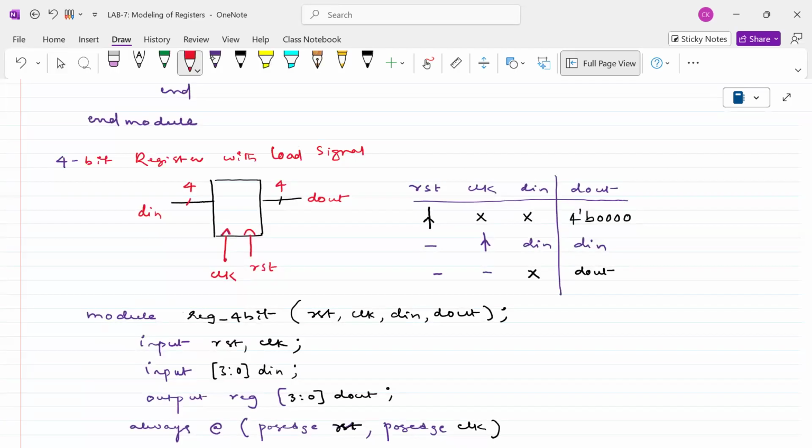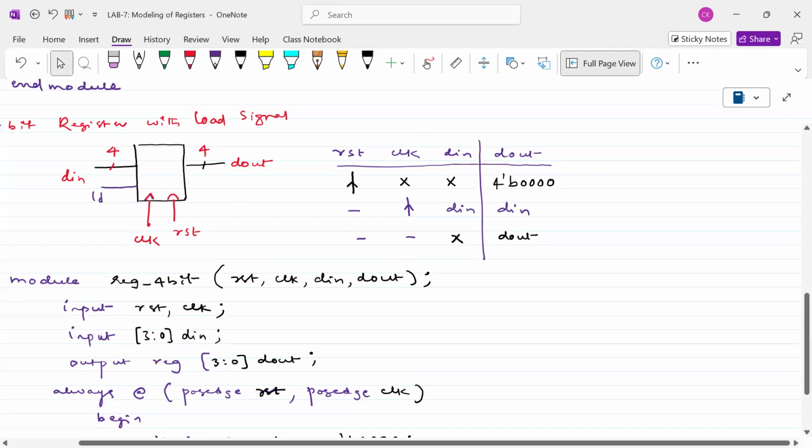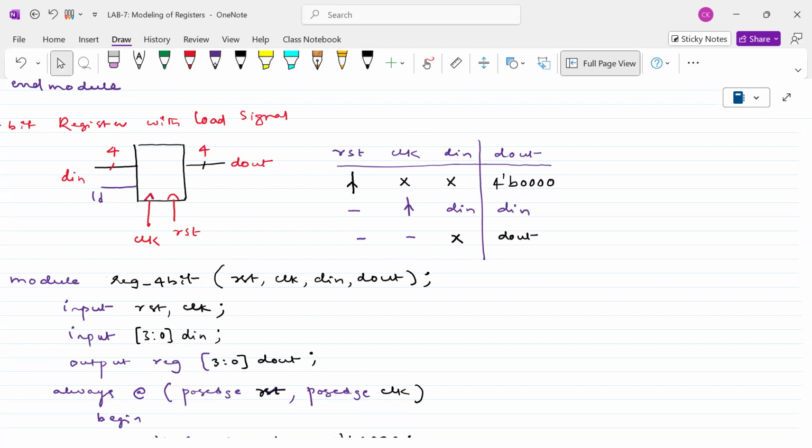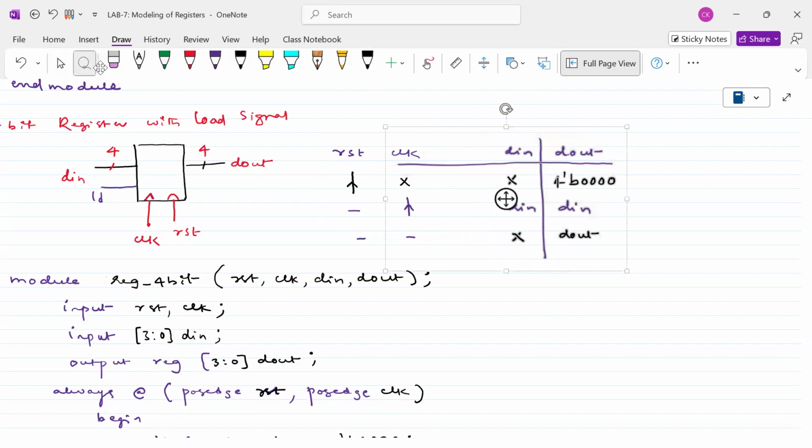What do I have to add? By using one enable, it's just like an enable signal, a single bit enable signal. LD stands for load signal. You can write anything, it doesn't matter. LD, a load signal. So what do I have to do here in this case? We are going to add something. What is that? Load signal, LD.